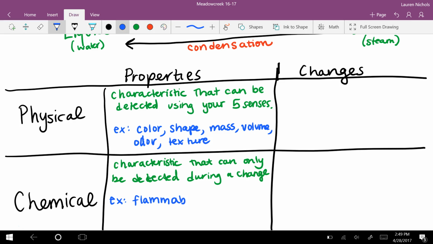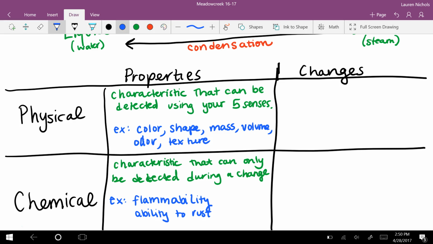Okay, if I say something is flammable, it means that it can light on fire. Well, I don't know if something's going to light on fire until I try it, right? So if it catches on fire during that change, I'm like, oh, it's burning. That's a change and it's happening, so that must mean it's flammable. That's a chemical characteristic.